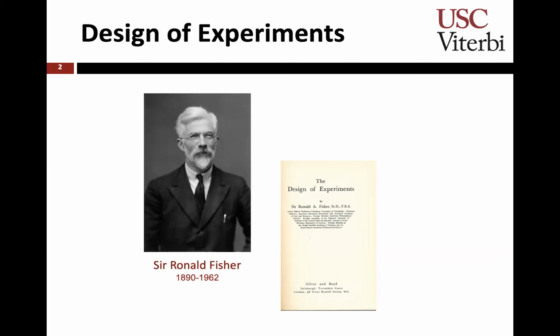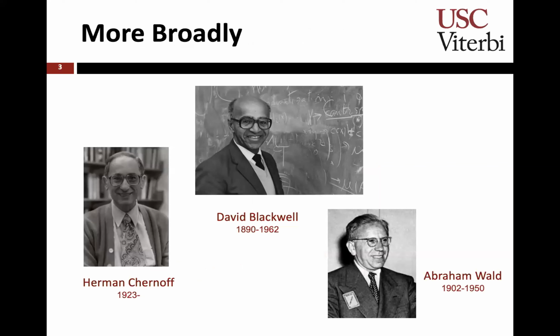He was a very prolific statistician, although especially given our current time, he would be considered a very complicated individual because he was a big proponent of eugenics. So the individuals who I think are much more important to the work that we've been doing here are Chernoff, who is still with us, so you might recall Chernoff bounds for decision theory, Abraham Wald, and I'll talk about his work in a minute.